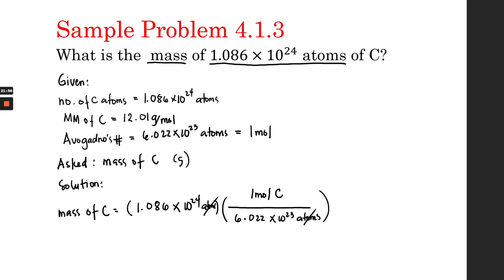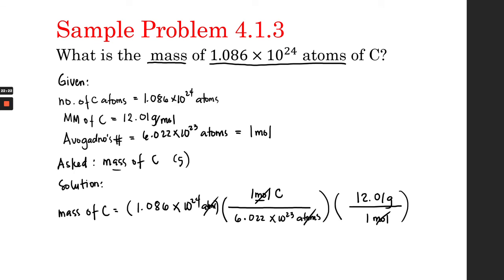So the atoms get cancelled. But I'm looking for mass, I'm not looking for moles. Still I'm in mole, so I have to cancel the mole. And I know that in every 12.01 grams of carbon is equal to 1 mole of carbon. The mole gets cancelled. Now I am left with this equation.